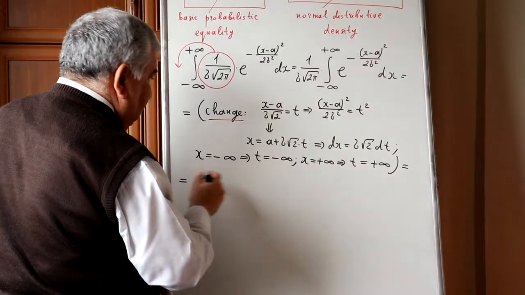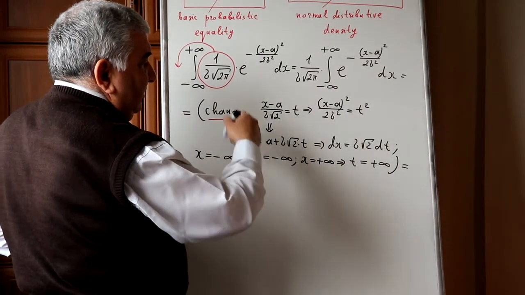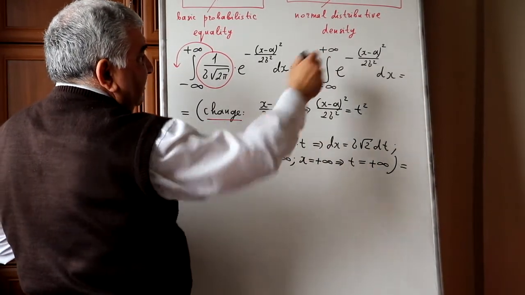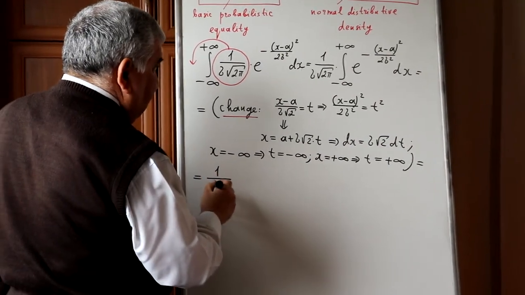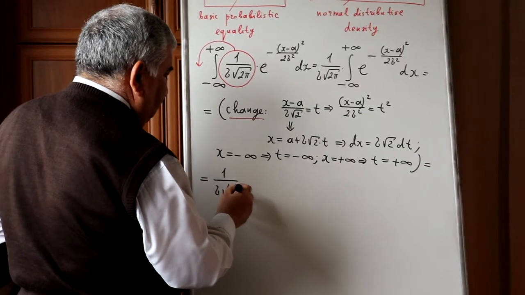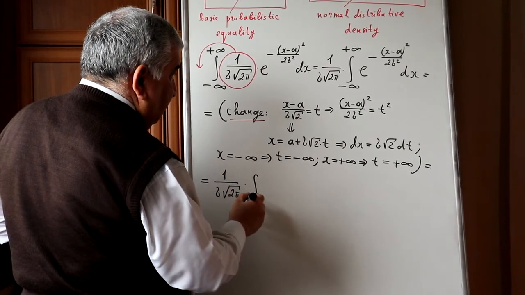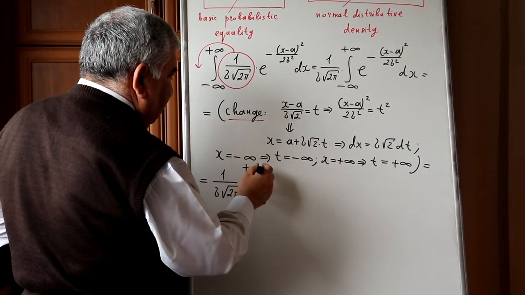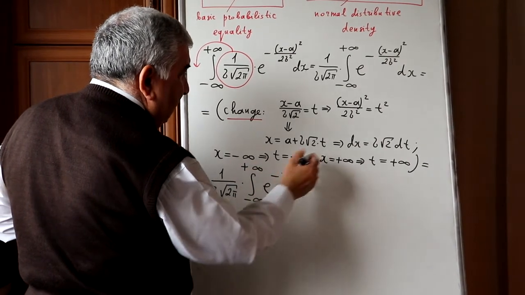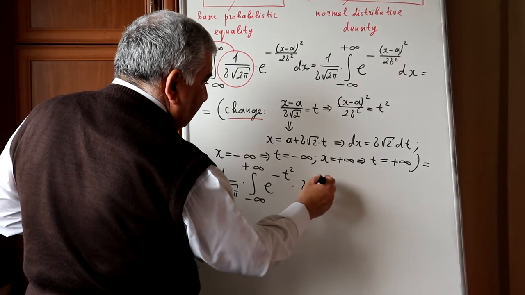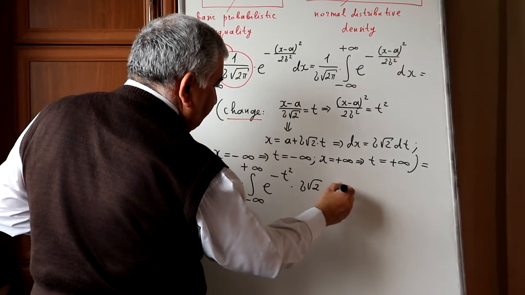And use this change in the last integral. 1 over sigma square root of 2 pi multiplied by the integral from minus infinity to plus infinity of e raised to minus t squared multiplied by sigma square root of 2 dt.